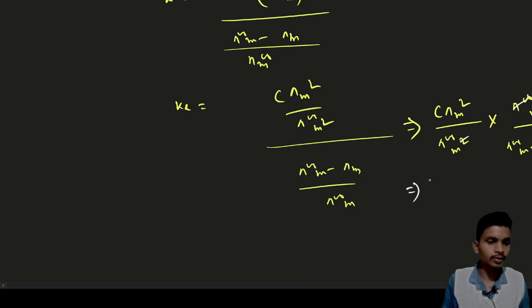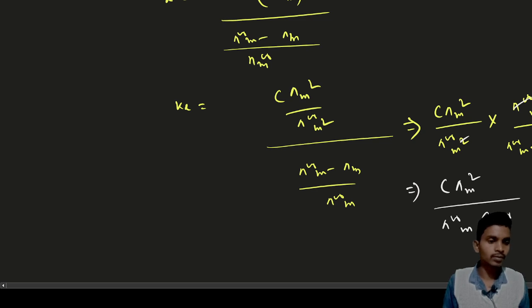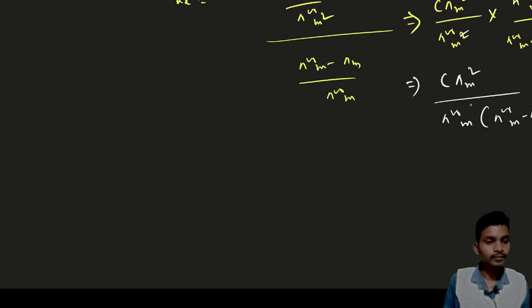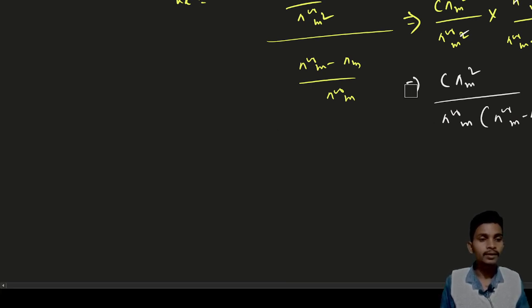Yes, so this will become upon this value. So here, if you do the graph, this is equal to Kd.